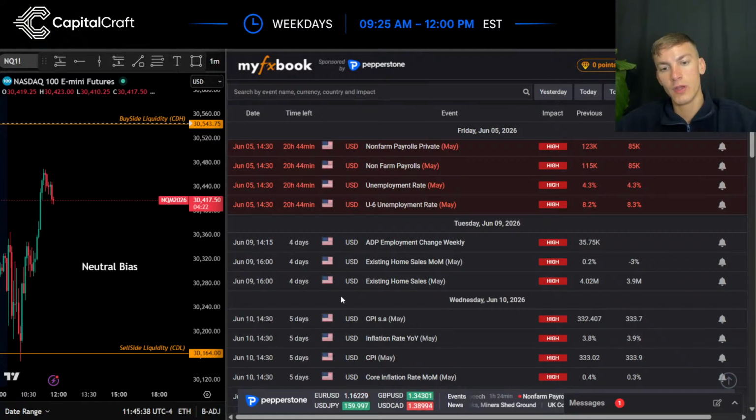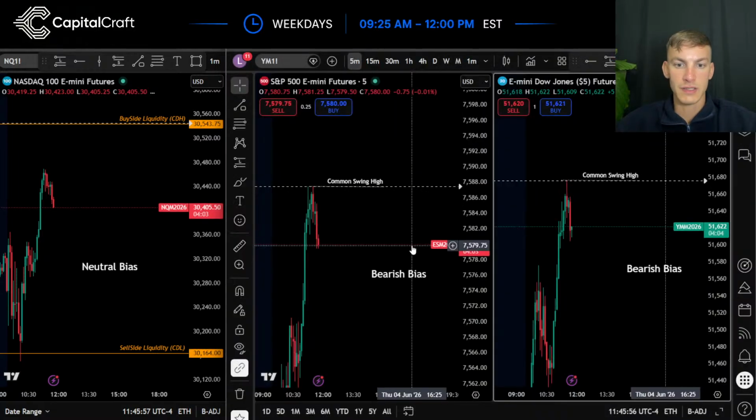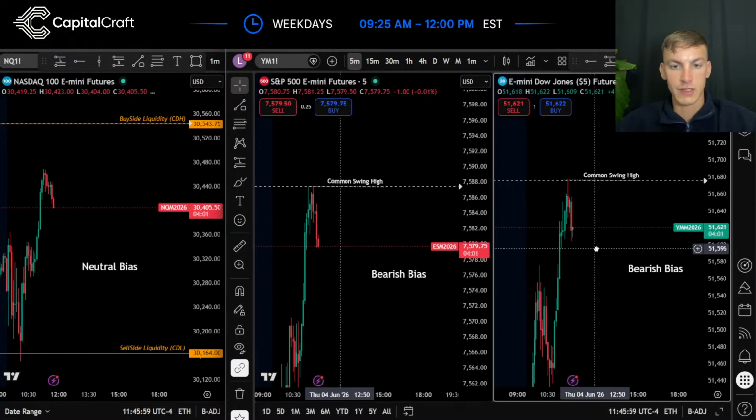We need to wait for some form of manipulation followed by expansion. And we actually want to position ourselves in that manipulation phase so that we are in the market in time for the expansion phase, the impulse move that's going to push us towards our specific draw on liquidity in the form of buy side liquidity or sell side liquidity.